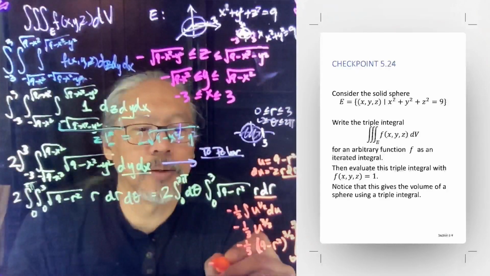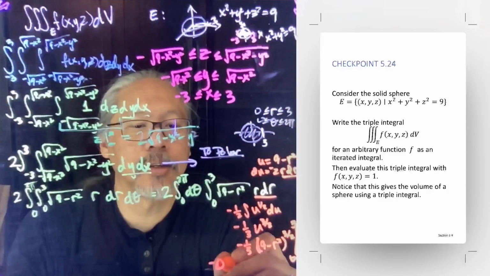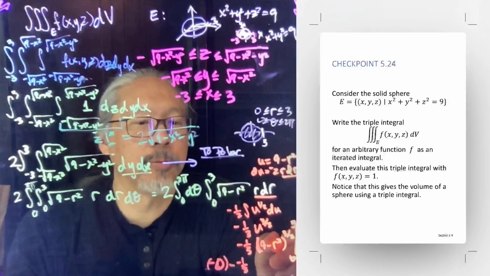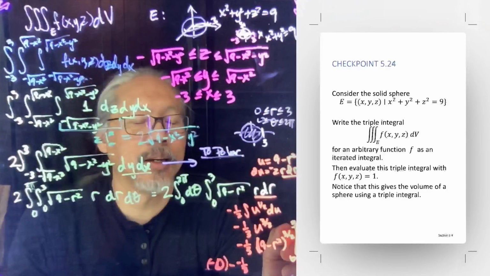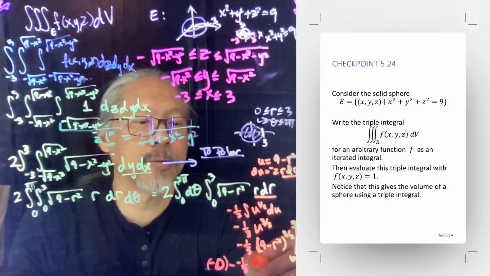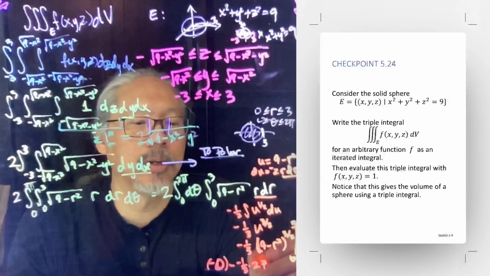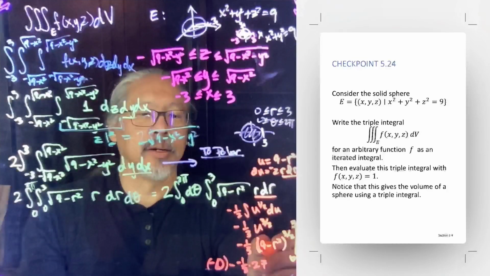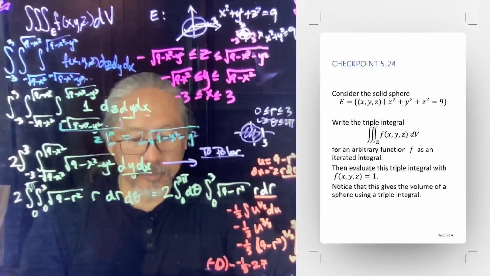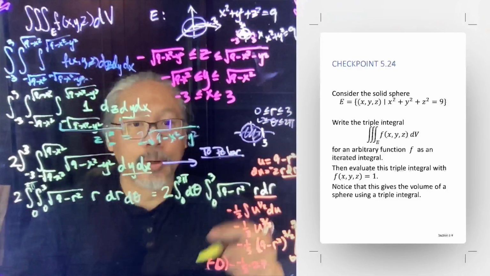So we're going to get 0 for the first part, minus negative 1/3 times, when we put 0 in there, 9, the square root of 9 is 3, 3 to the 3rd power is 27. And cancel, you're going to get 9. And so positive 9.